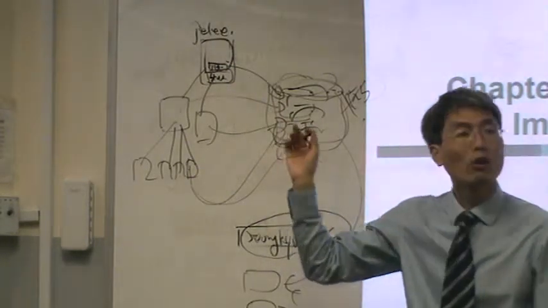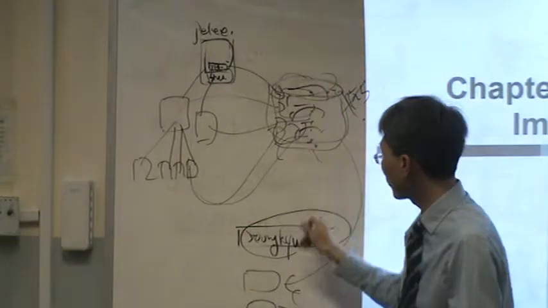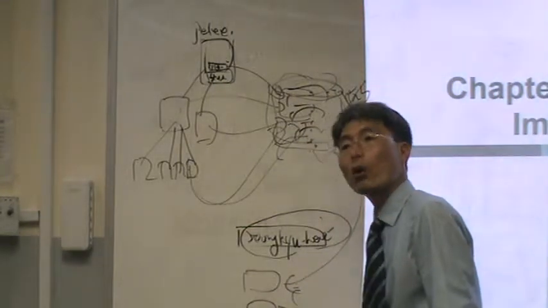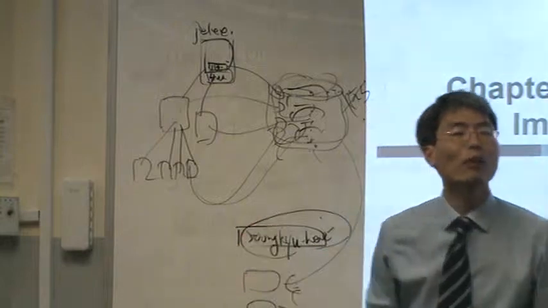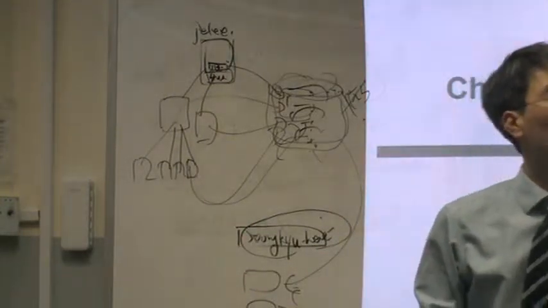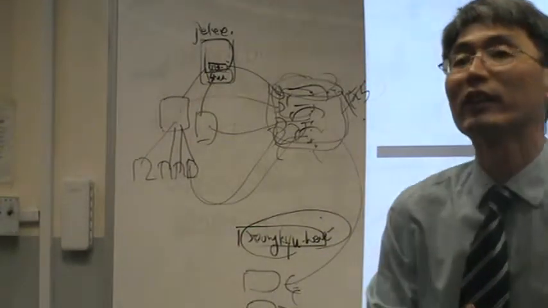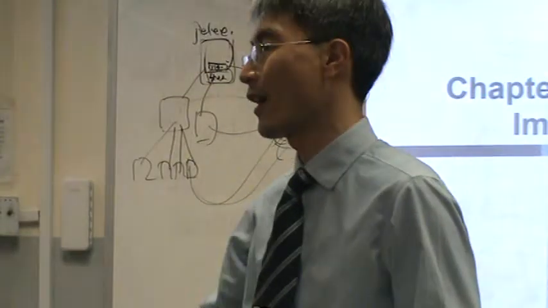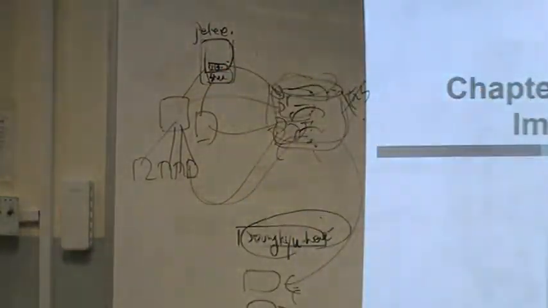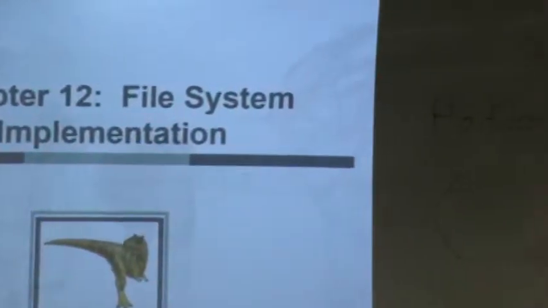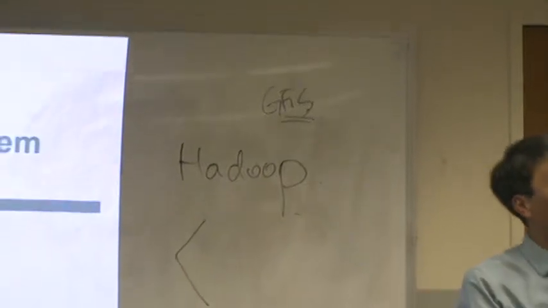Also, it takes a long time to process certain operations. To address that problem, Google, including Doug Cutting, developed a new file system called the Google File System. Google File System is basically a distributed file system.